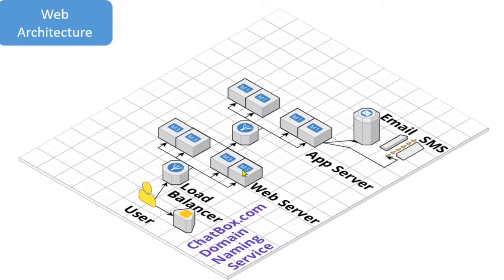The same thing happens with this web server as well. If this web server is connected with this app server and this app server is down, then the request coming from this web server will not be fulfilled.